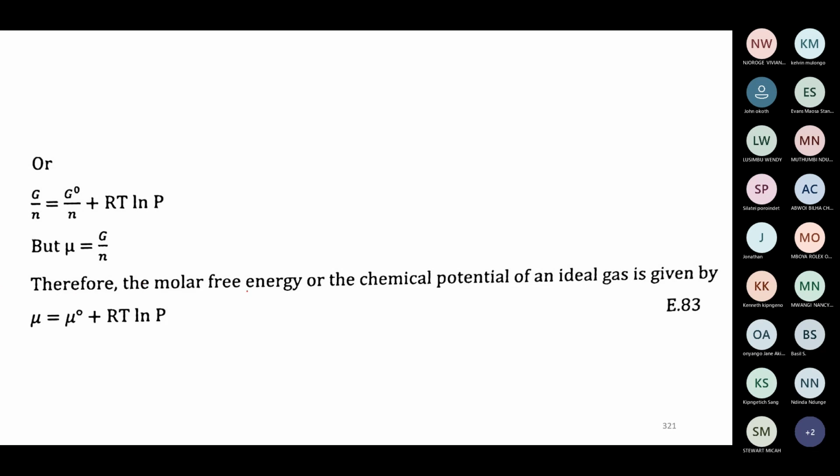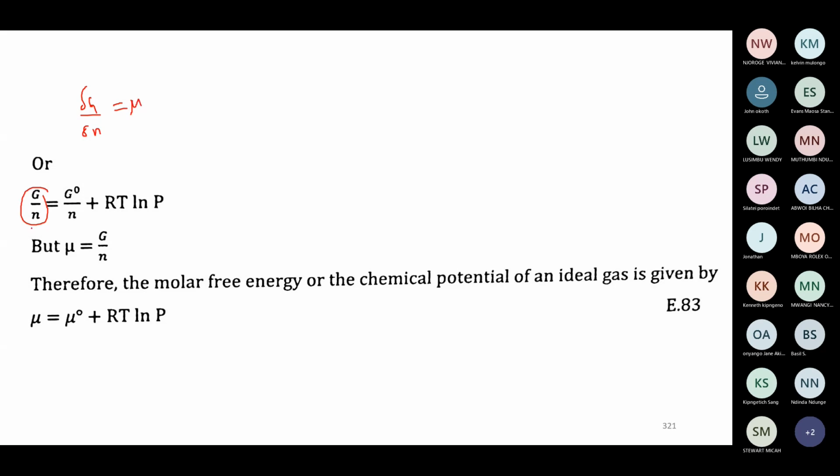So therefore, the molar free energy or the chemical potential of an ideal gas is given by, from this expression, you know that the change in G with respect to n is the expression for chemical potential.